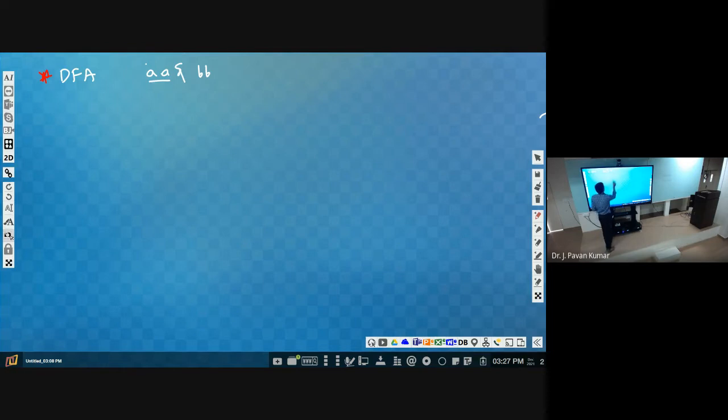Before constructing, what is the procedure we practiced in previous classes? We have to identify sample strings and check whether each should be accepted or not. First one, accepted or not?